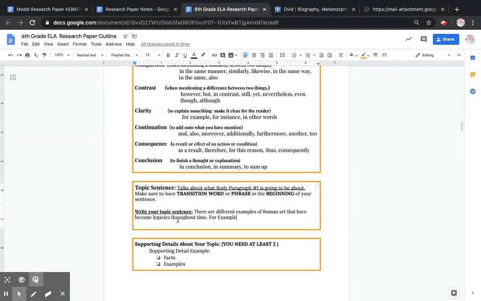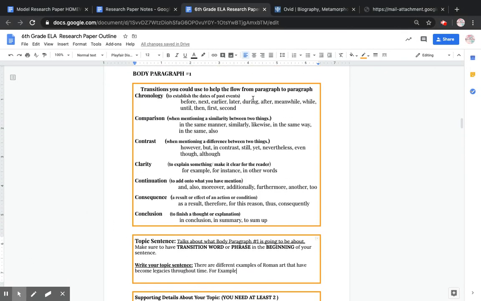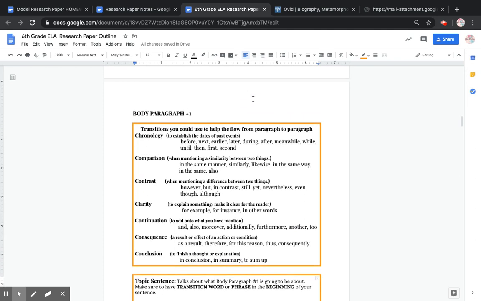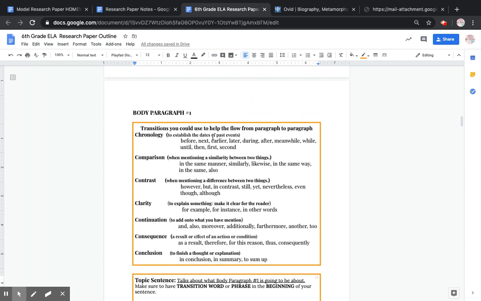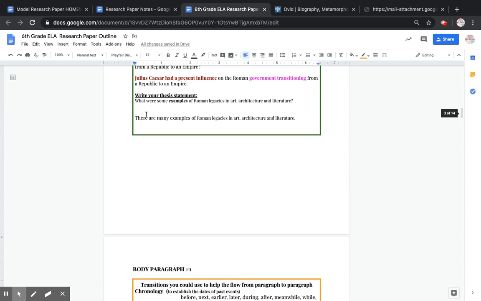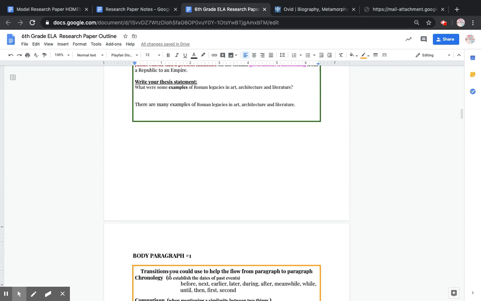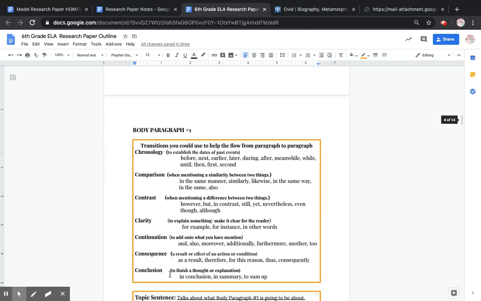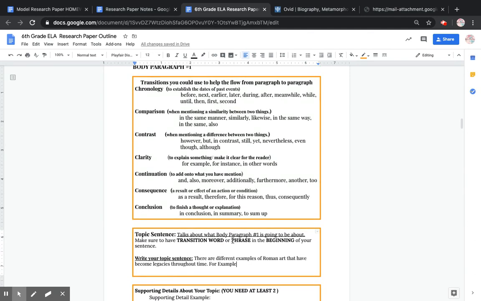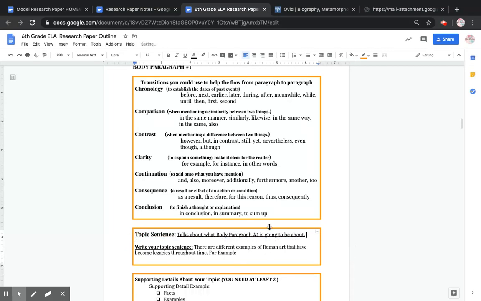Okay, guys, so I was looking at my transitional words. Now, it is very difficult to use these specific ones with your thesis statement. So from your thesis statement to body paragraph 1, I'm not requiring that you have a transitional phrase or word in the beginning.